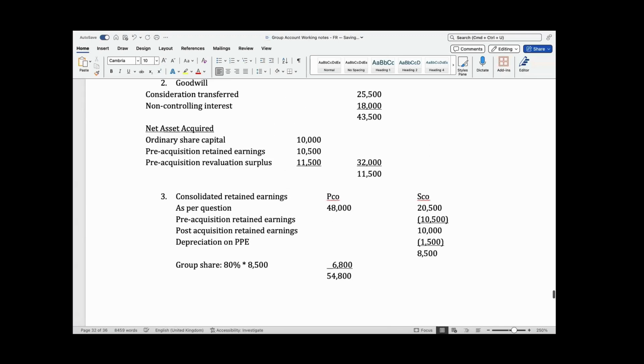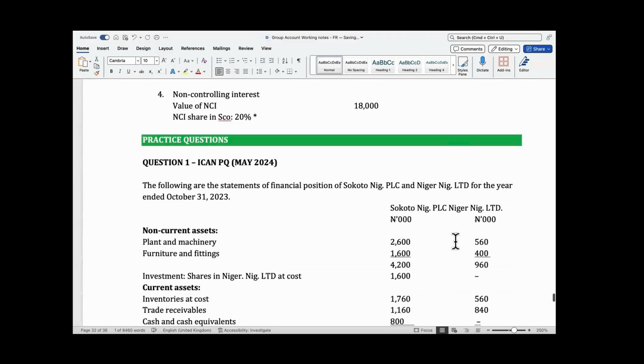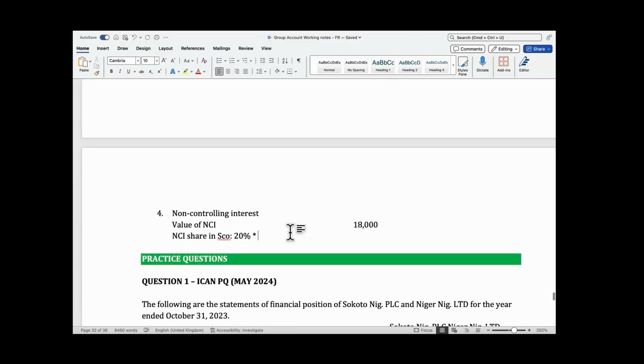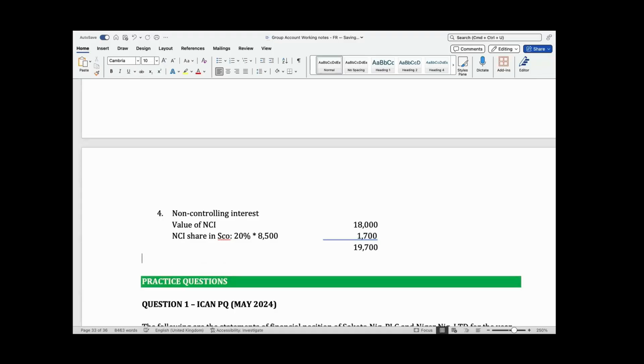That's 20% times 8.5. 1,700. What's the addition of the two? 19,700.